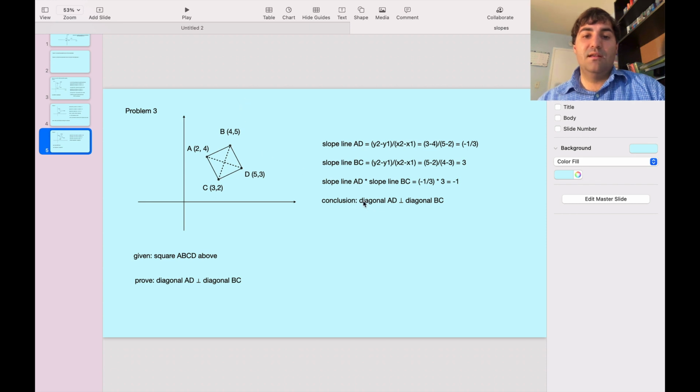So we know that diagonal AD is going to be perpendicular to diagonal BC. And that's a property we proved. Remember, all squares are rhombuses, and we proved in one of the last videos that a rhombus has perpendicular diagonals. So this is just a verification of that using coordinate geometry.